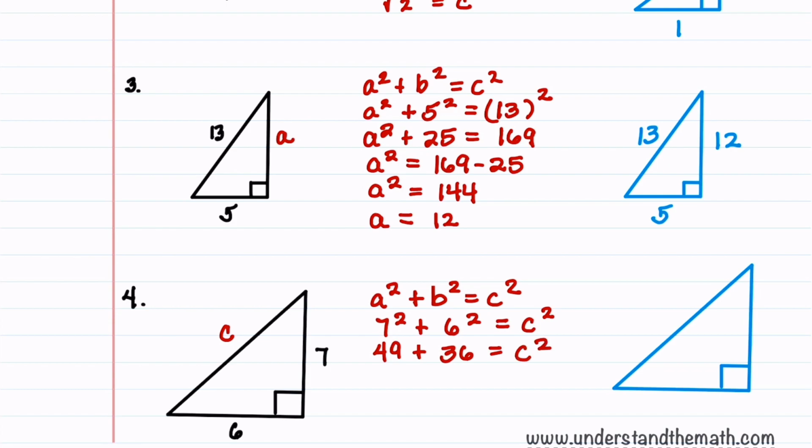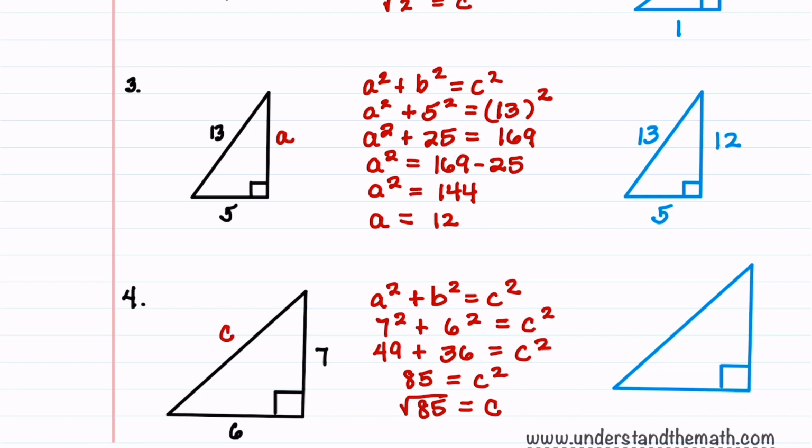We'll go ahead and add up those numbers on the left-hand side. So 49 plus 36, let's see, that's 85 is equal to c squared. And then we're going to take the square root of both sides. So we have the square root of 85 is equal to c.